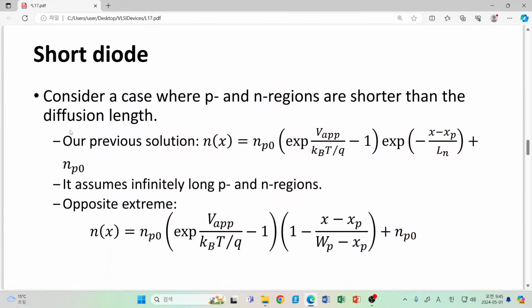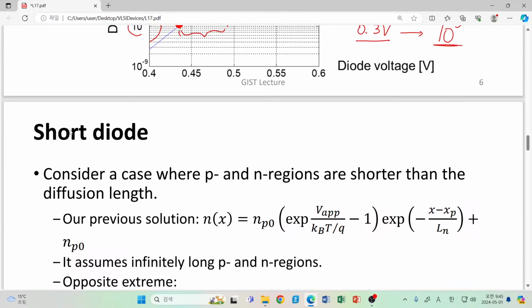And up to now we have thought about the behavior of a diode, and the thing we have not covered yet in this lecture material is the reverse biased diode.